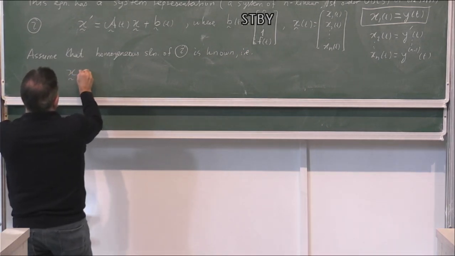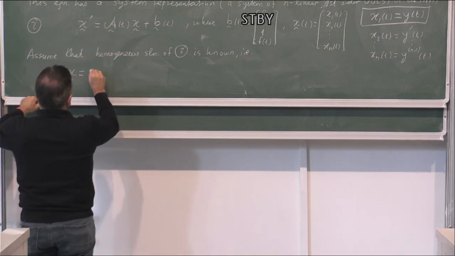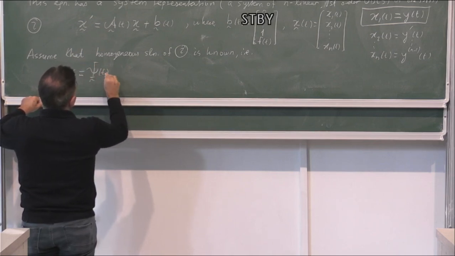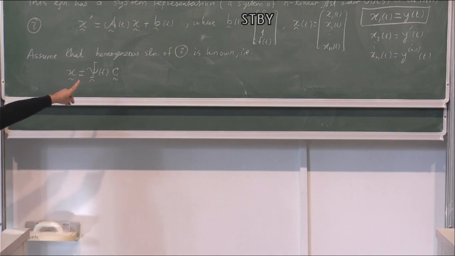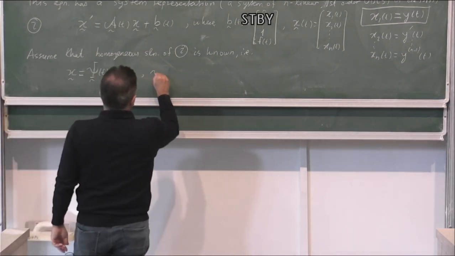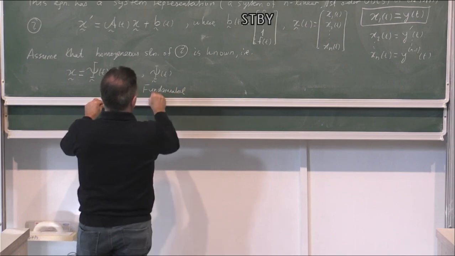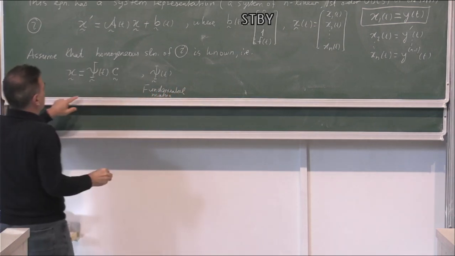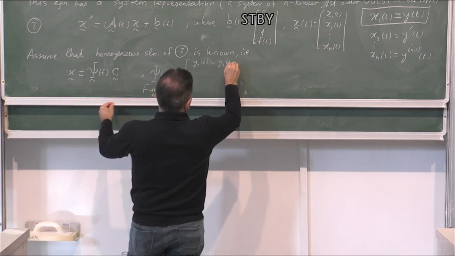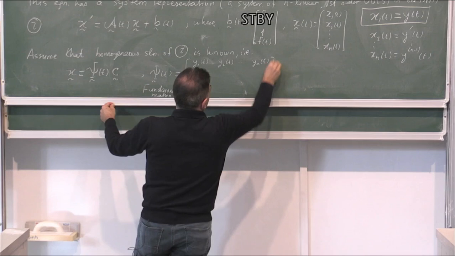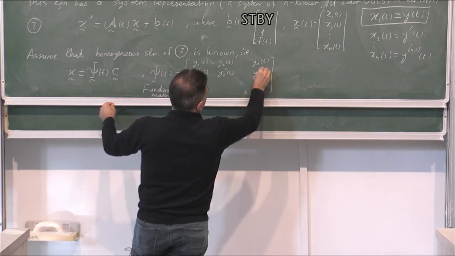Recall x homogeneous, the solution of the corresponding homogeneous system, has the form Phi of t times C, where Phi is a fundamental matrix, and in this case, the fundamental matrix has the form: y1, y2, yn, y1 prime, y2 prime, yn prime.